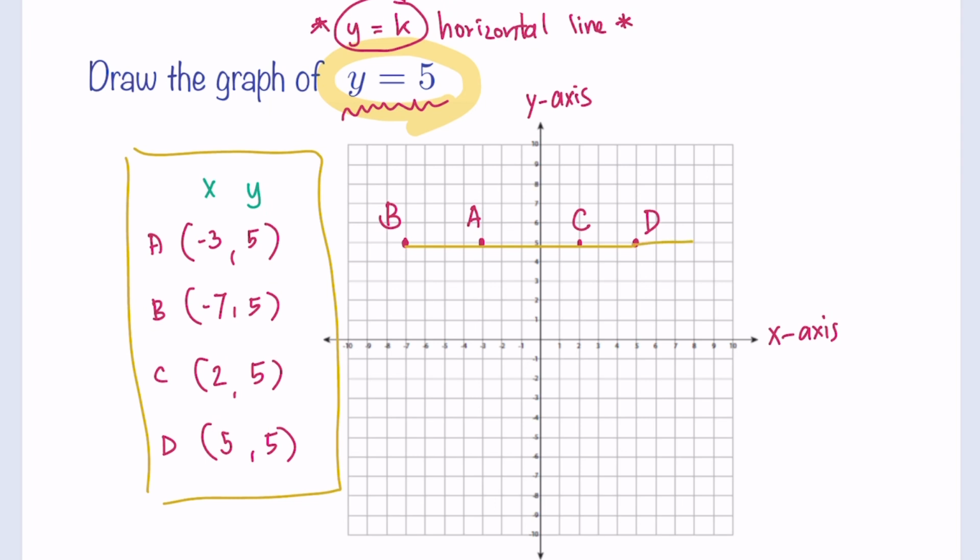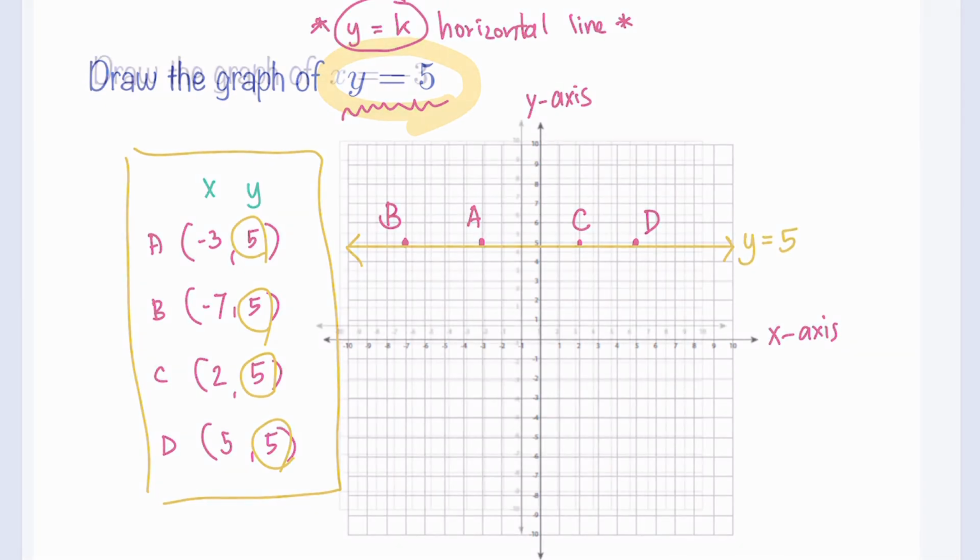And to say that any points where it has the y coordinate of 5 can sit on this line, I need to make sure that I draw my lines with 2 arrowheads so that any point with 5 as my y coordinate can sit on this line called y equals 5.